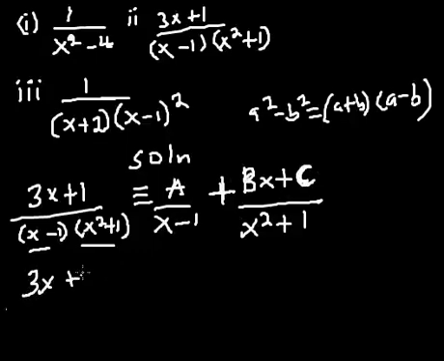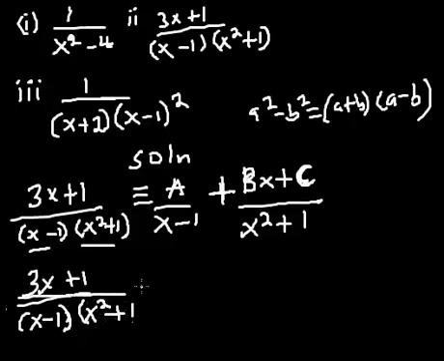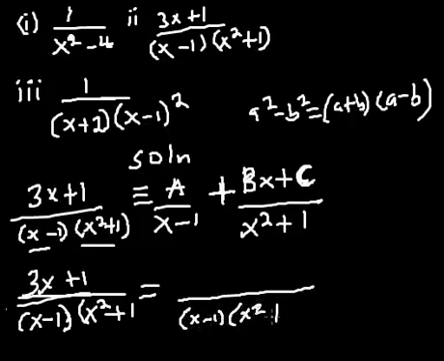All right, so here 3x plus 1 all over x minus 1, x squared plus 1 is going to be equal to, of course, I factorize, A over x minus 1, then plus B over x squared plus 1.